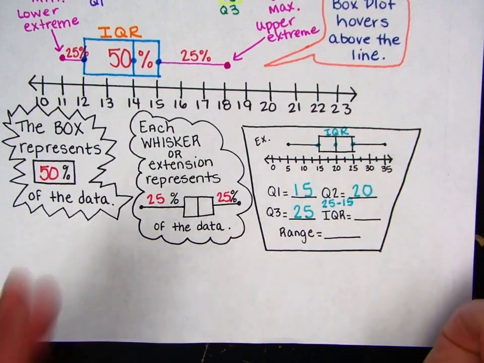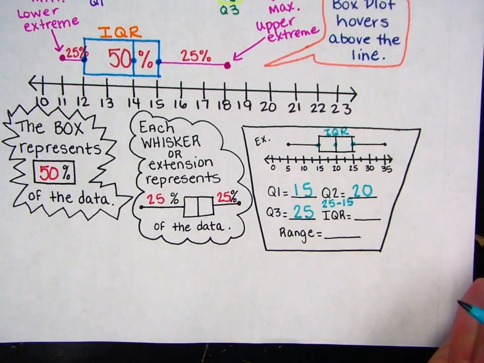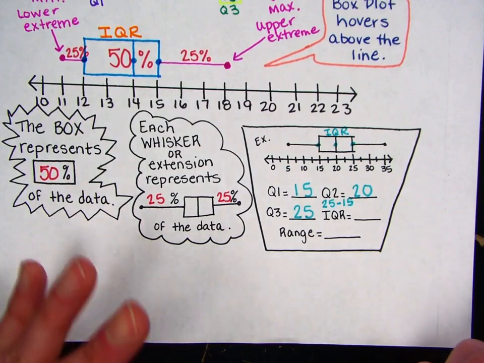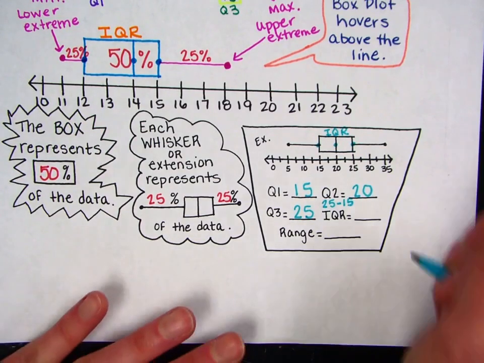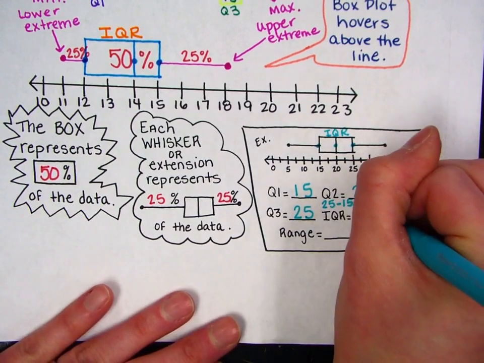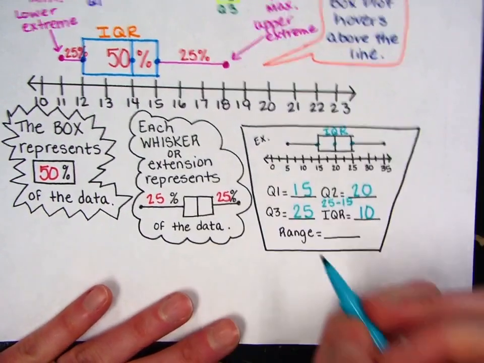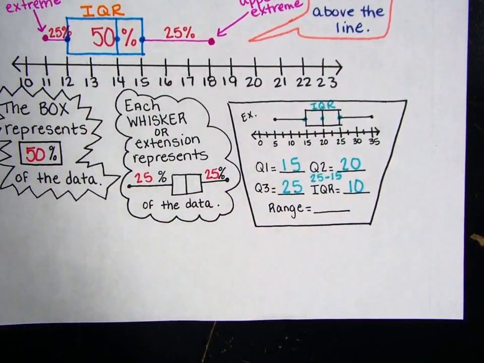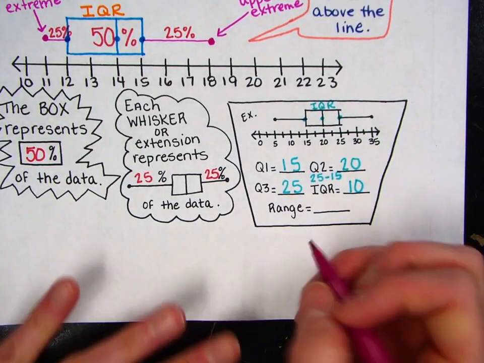Remember, IQR is a measure of variability, okay? So it tells you how widespread the data within your box, which represents half of the data, is. So the difference between 25 and 15 does leave me with 10. And then the range of the entire box plot that I'm given would be where I take my upper extreme.